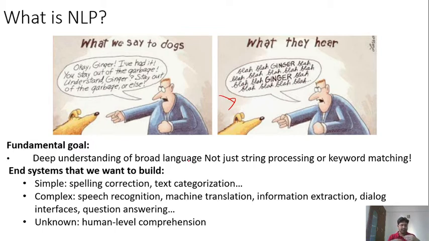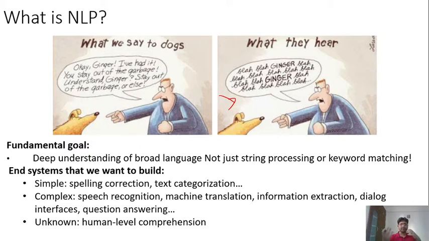With that fundamental goal, we want to make systems, and the systems can be of different categories. A simple system can be spelling correction, which we have already seen for a long time. Then text categorization, which category does this belong to. Then more complex systems, like speech recognition: what a person is saying, who is saying.